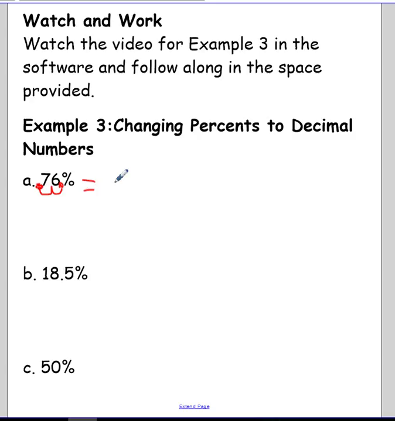If you want to put a 0 in front of the decimal point, you can, or just write 0.76. For B, we have 18.5%. So we have that decimal point to scooch over to the left 2 times. As a decimal, it's 0.185.